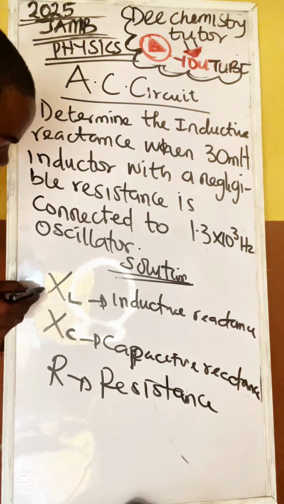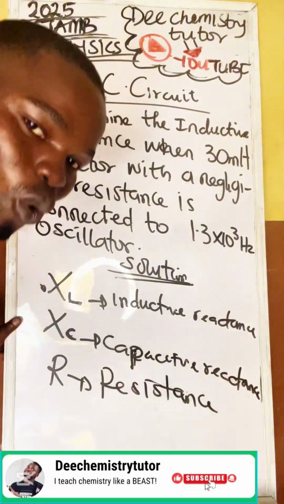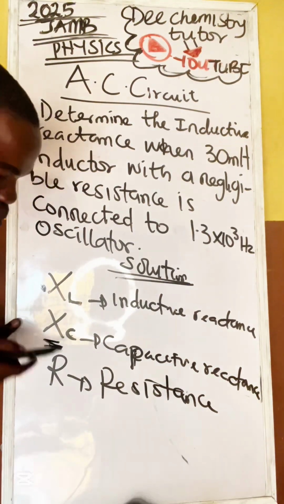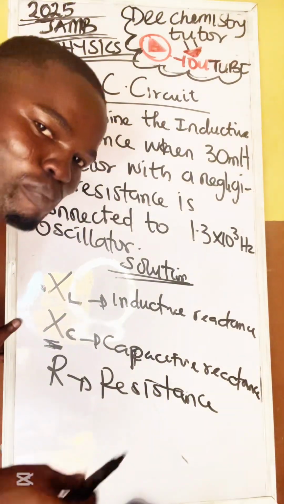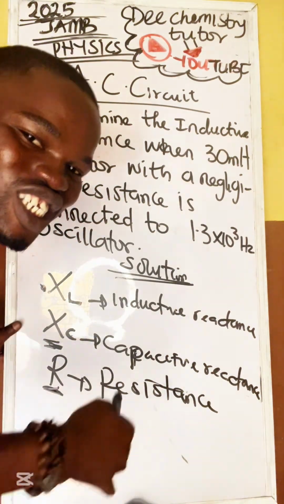So you understand? This one is a form of opposition offered by an inductor. This one is a form of opposition offered by a capacitor. This one is a form of opposition offered by a resistor.